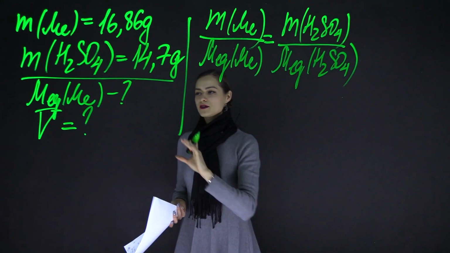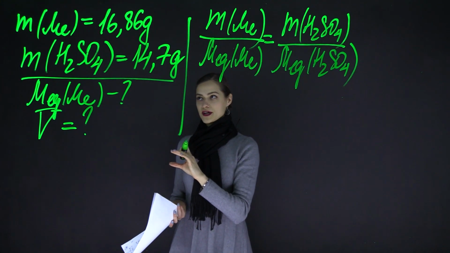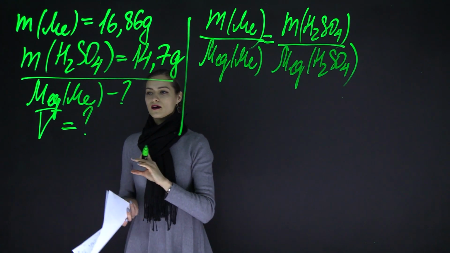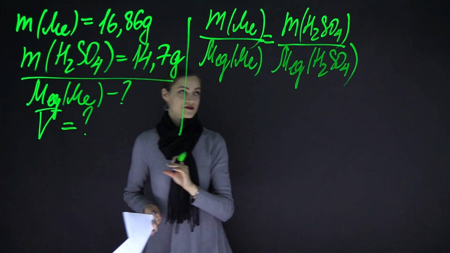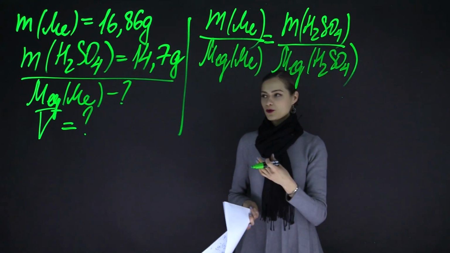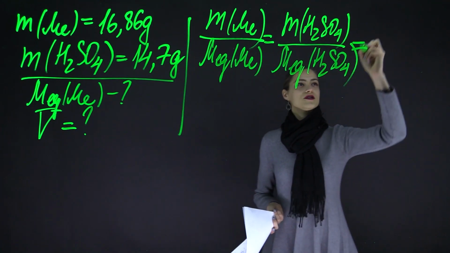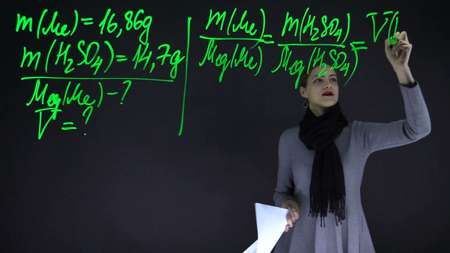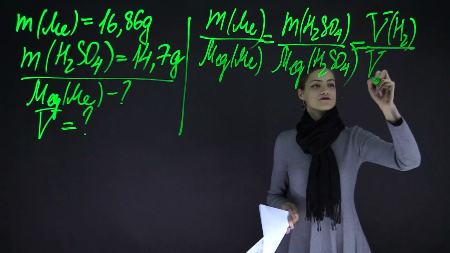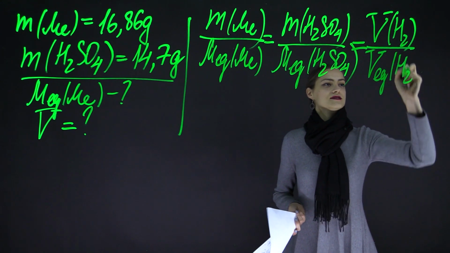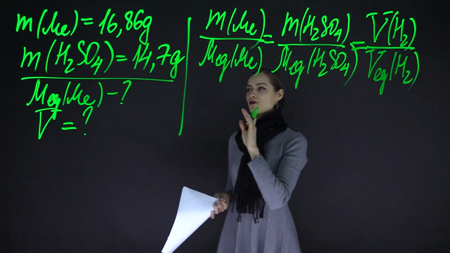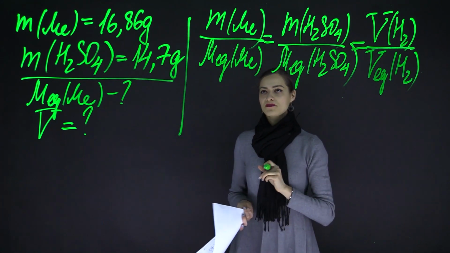But of course we need to calculate the volume of gas that's released in our reaction, and according to the reaction between metal and acid, we have hydrogen in this case, but for hydrogen, as you remember, it's better to use volumes. So the volume of hydrogen over the equivalent volume of this gas is the same ratio as between the masses and the equivalent masses for metal and acid.